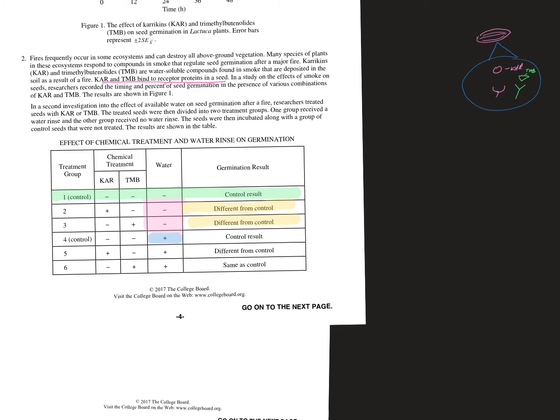Now I add water. In these three groups, I add water. And again, here's my control group. In these two that I rinsed with water, I noticed that KAR, the one where I added KAR, is still different from the control group. You'll notice that these two are still different. And so what that suggests to me is that KAR's not rinsed away.